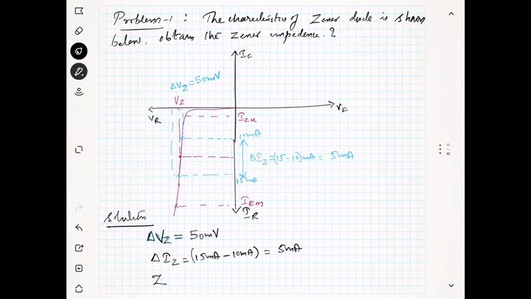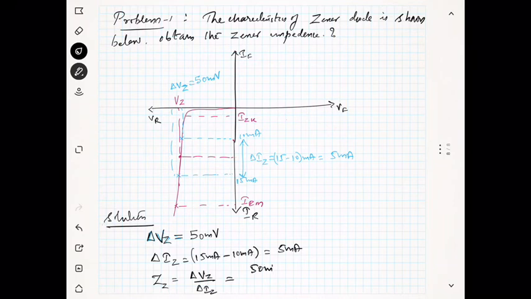Now the Zener impedance is Zz, which is equal to delta Vz by delta Iz, which is nothing but 50 millivolt divided by 5 milliampere, which is equal to 10 ohms. So the resistance corresponding to this is 10 ohms. Okay, that means Zz is 10 ohms.